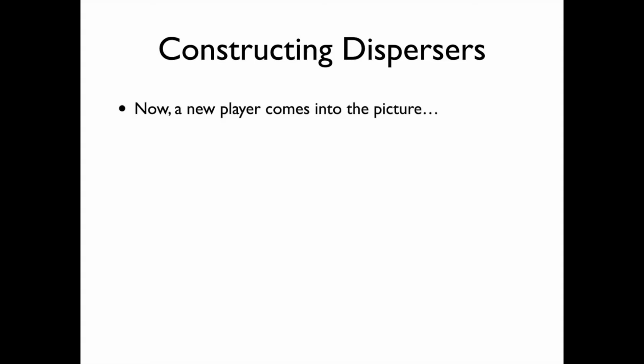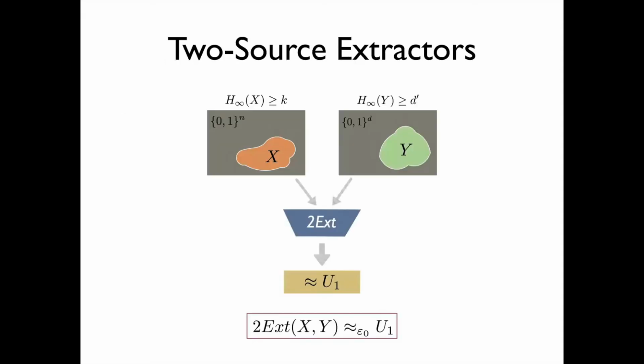And now a new player comes into the picture that will help us make this distinction between both sources of error. And this is a two-source extractor. Here we have two independent weak sources, in this case, an (n,k) source and a (d,d') source.